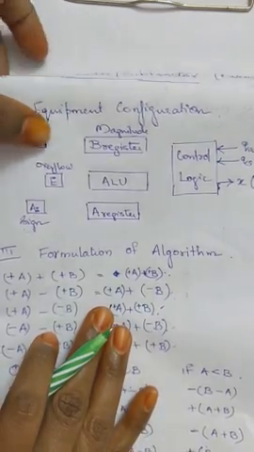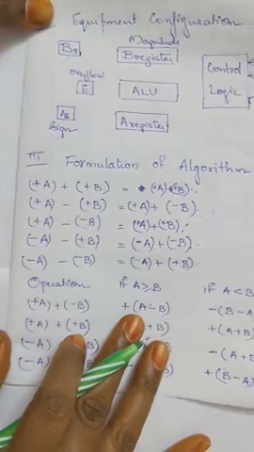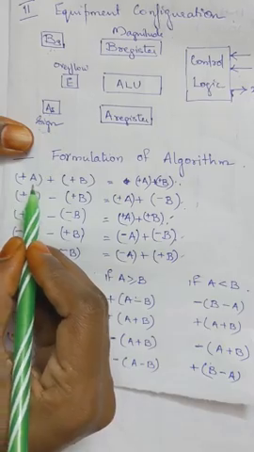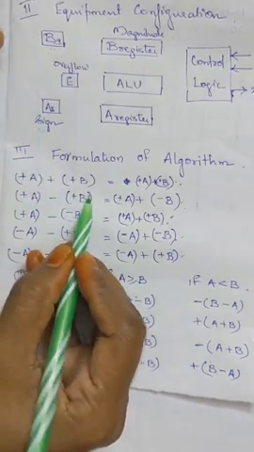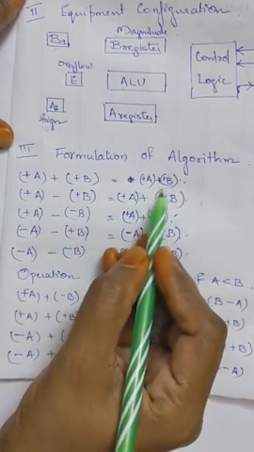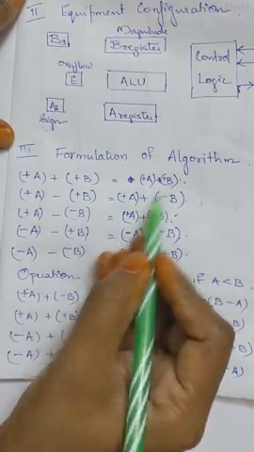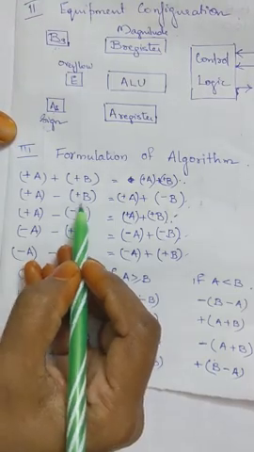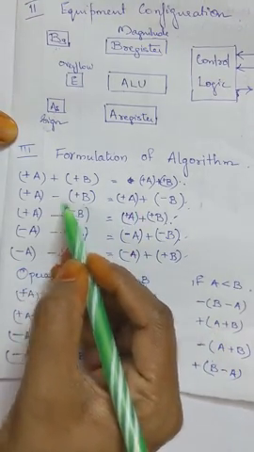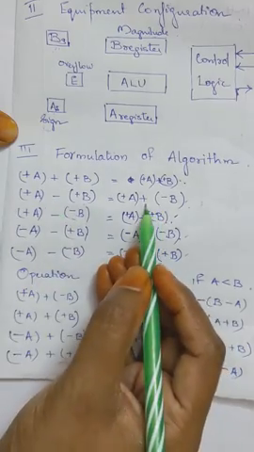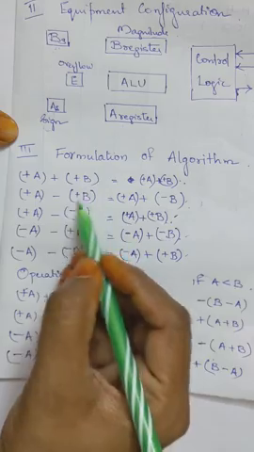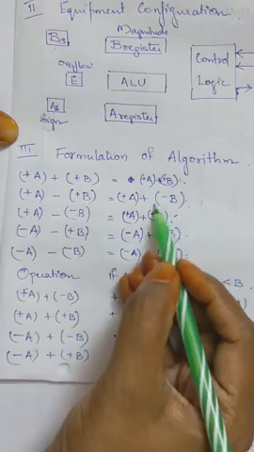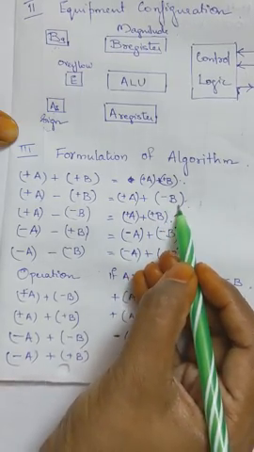If the operation is plus A plus B, the result will be A plus B. If it is plus A minus plus B, this subtraction will be changed to addition by taking the complement of the second operand, minus B.